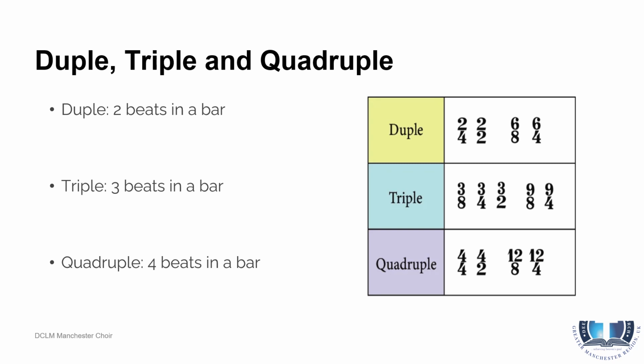So for compound triple time, the number at the top is a 9. For quadruple, quad is 4. Number at the top, simple quadruple, is 4. But if you multiply 4 by 3, it gives you the compound quadruple equivalent, which is 12. I hope that makes it clear.